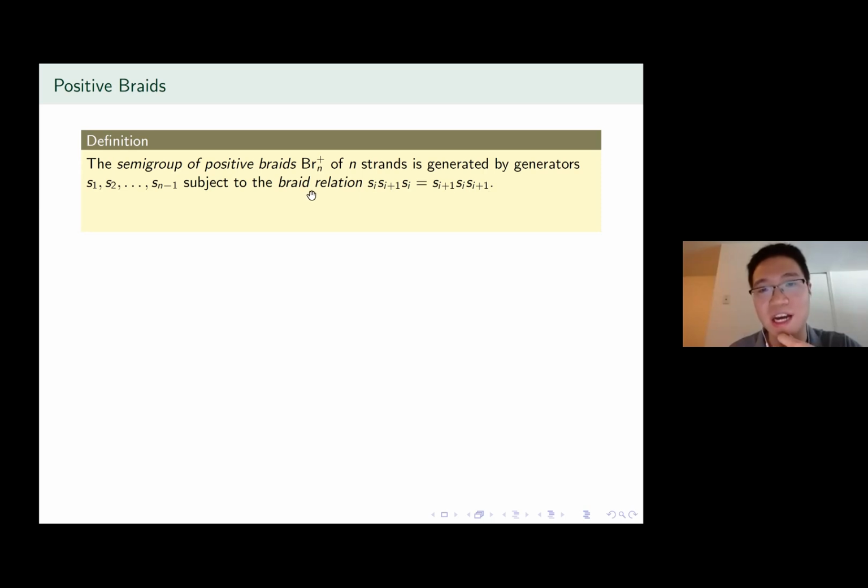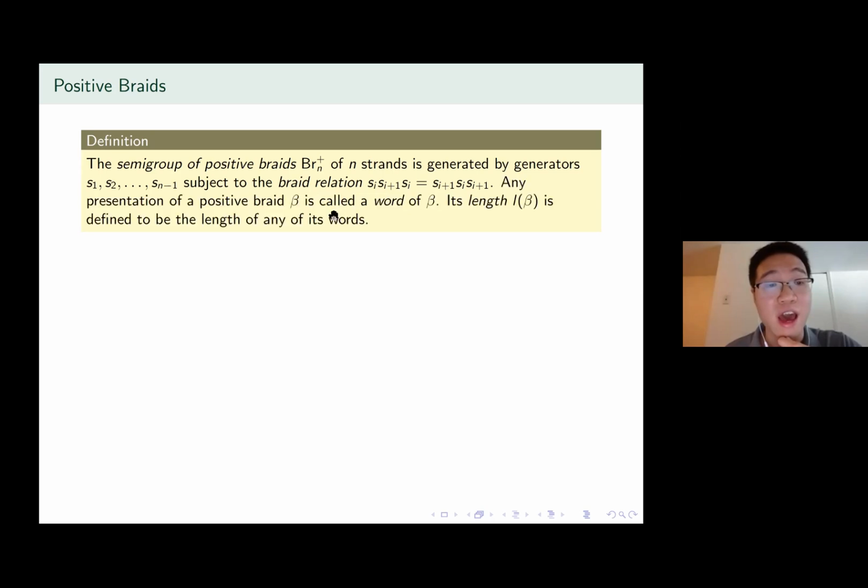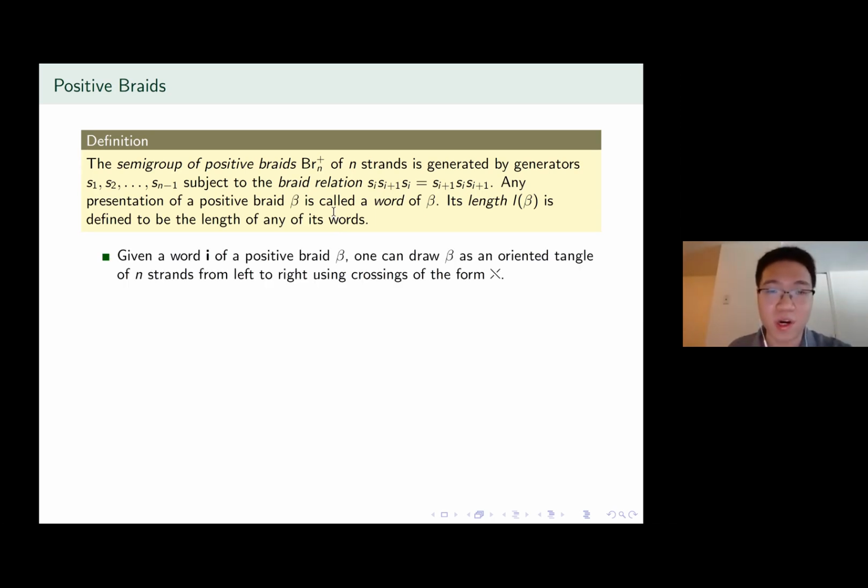So s_i squared is actually a new element. It's just subject to the braid relation. Any presentation of a positive braid is called a word, and its length is defined to be the length of the braid.